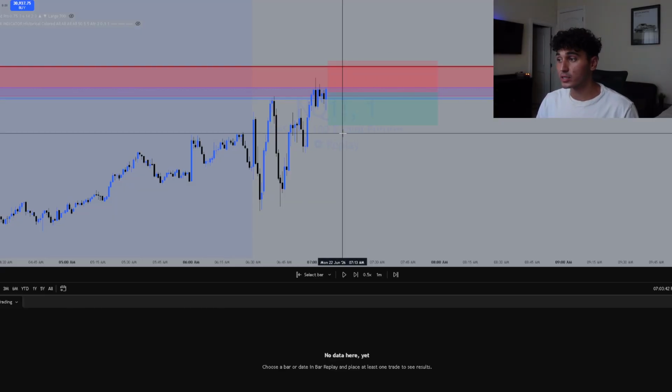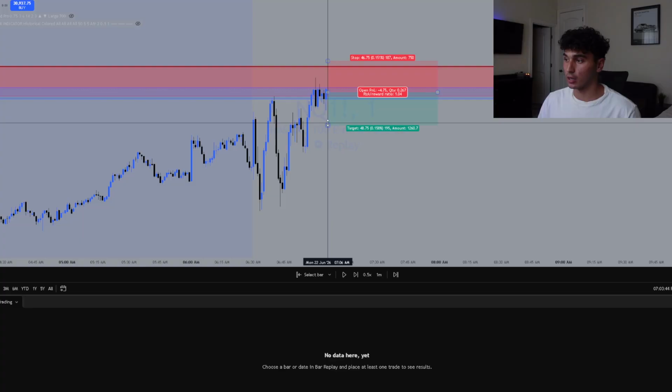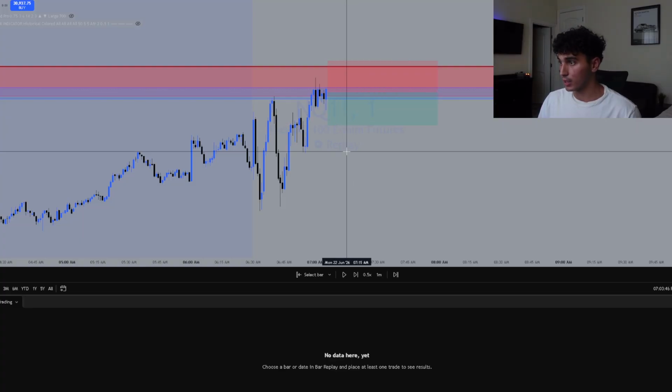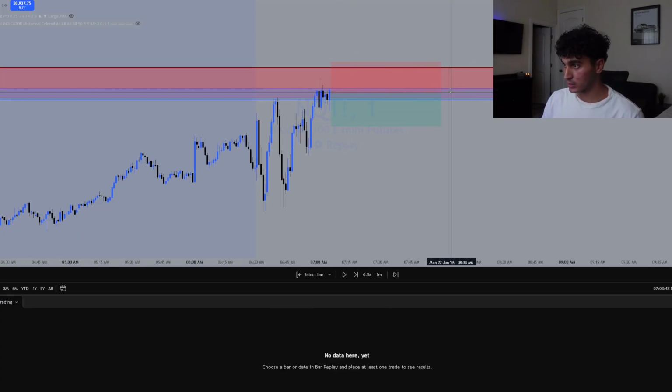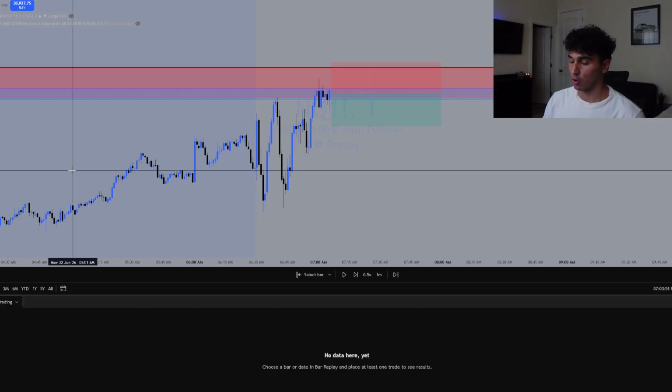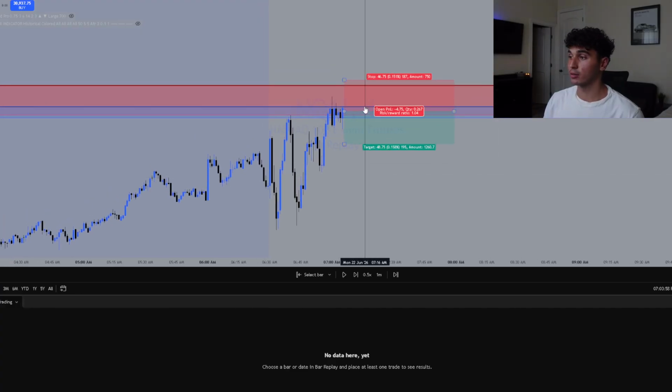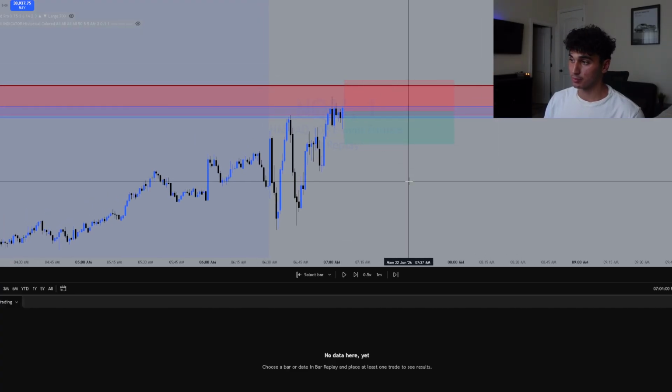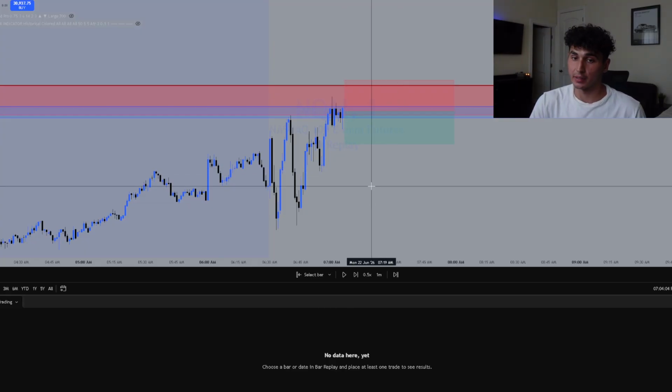So that's 3 confluences stacked up within each other, okay? Another really good one is we can see risk is very minimal. Like I said earlier, my stop loss when trading with supply and demand is almost always in the same spot. That's going to be either a break above supply if I'm trading with supply, or if I'm trading with demand, it will be a break below demand, invalidation below that demand, or invalidation above that supply.